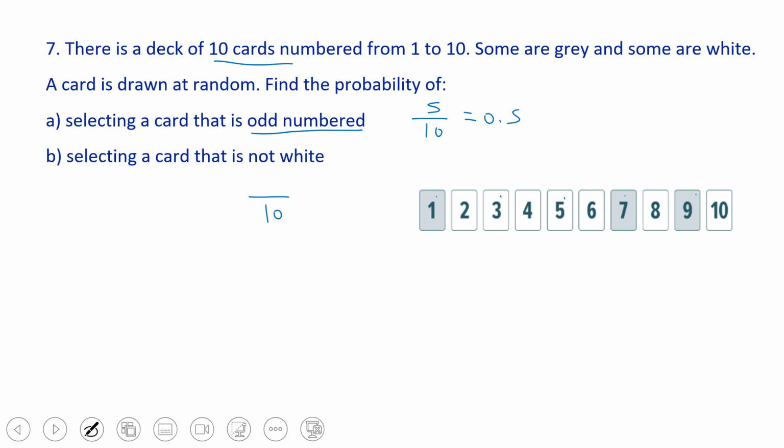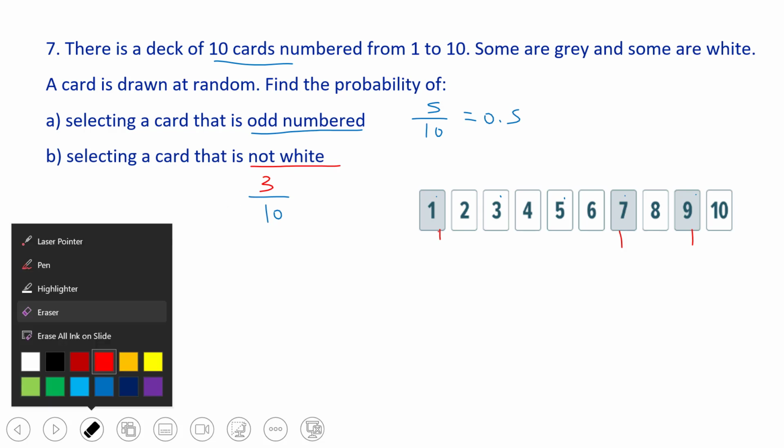Okay. Now, how many cards are not white? Not white means gray. How many gray? 1, 2, 3. Not white is 3 over 10.